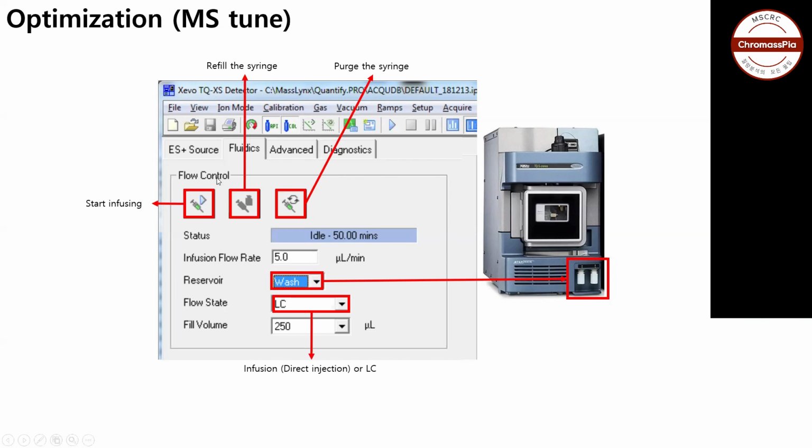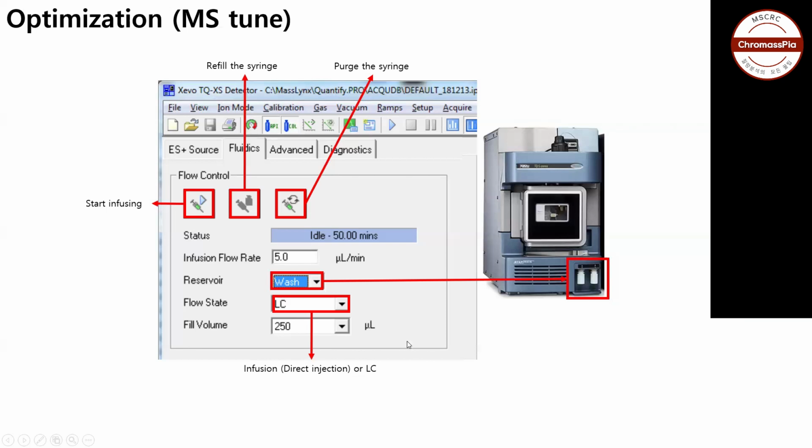These three are the start infusing button, the refill the syringe button, and the purge the syringe button. And the reservoir is this one. You can put the vials on this side. And the flow state is LC or infusion.